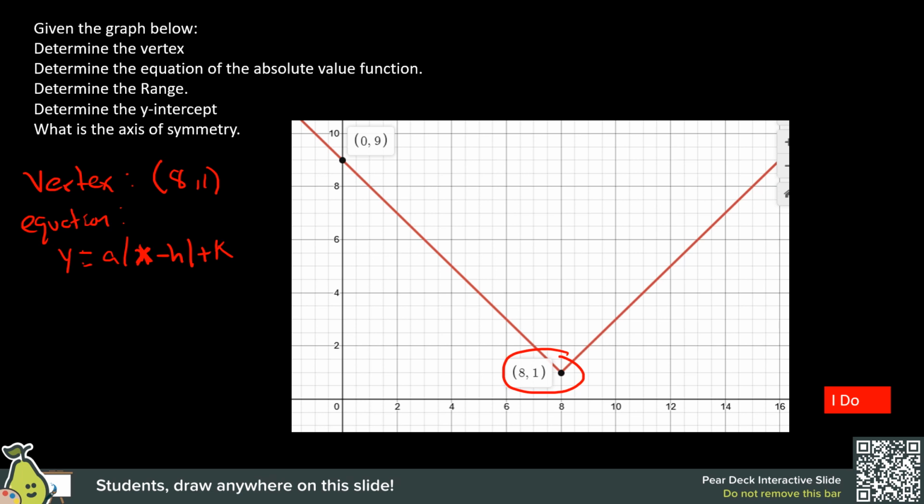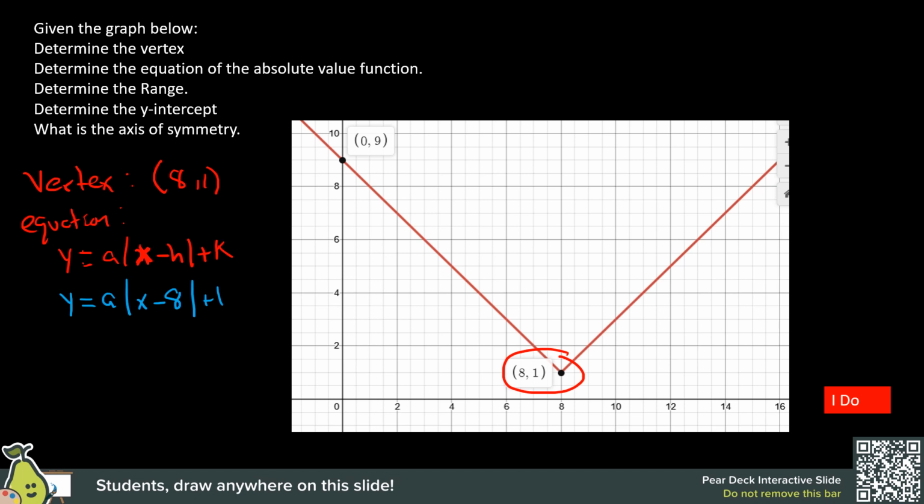Well, we already know the vertex, so like in the last problem, we just plug that in. We have y equals a times the absolute value of x minus 8 plus 1. I need my a value though, my change.